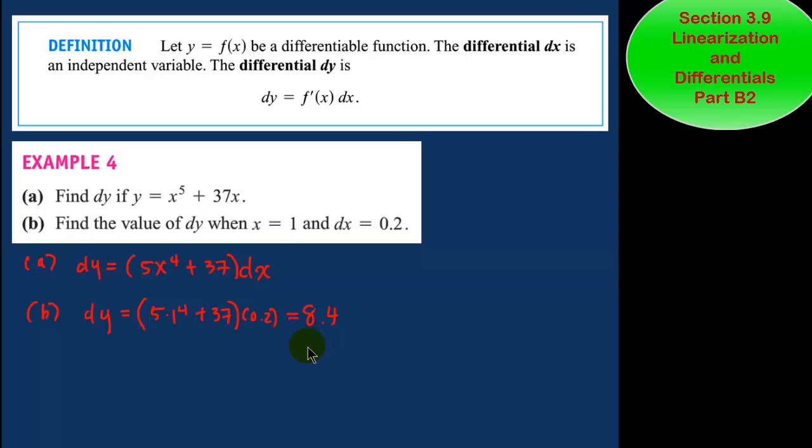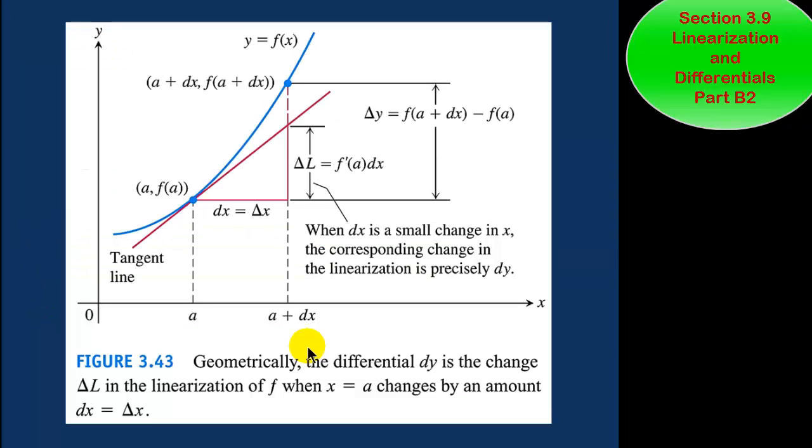Let's look at any generic function, and here our actual curve is the blue curve, and we have already learned that a linearized version is the line tangent to the curve at our center of approximation at x equal to a.